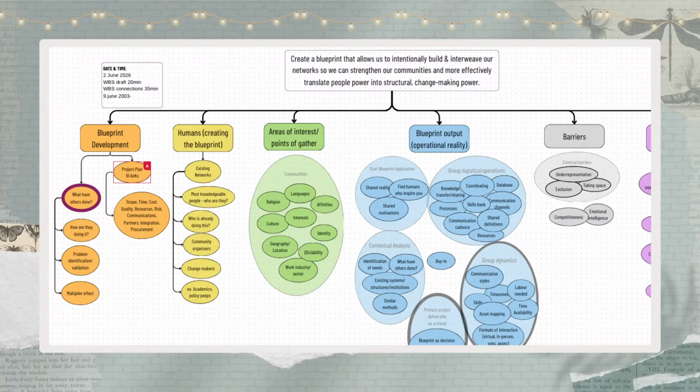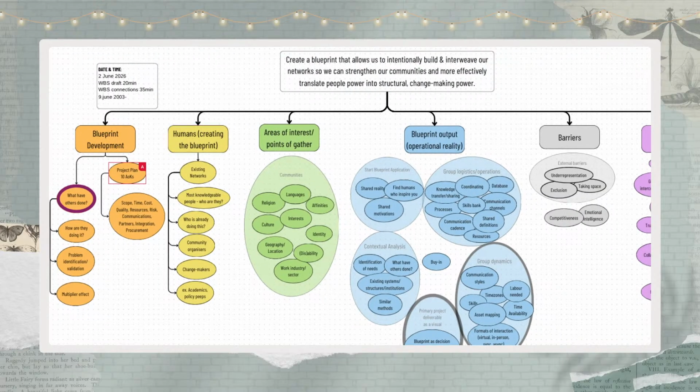So probably there will be either processes or specific research depending on those communities. Maybe you want to do some community engagement to do your blueprint, and this will be tied to the humans category. It is not the same how you are going to approach a community of disability or a community of identity, right? You would have different processes.